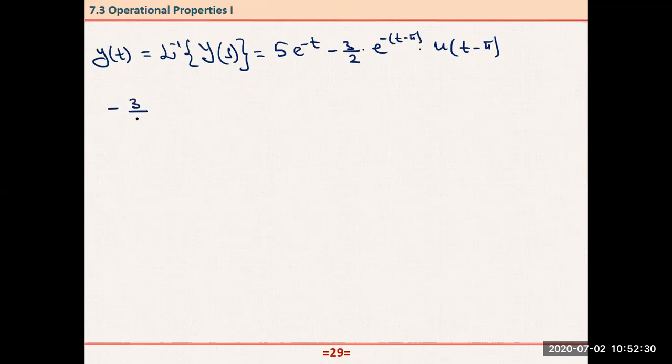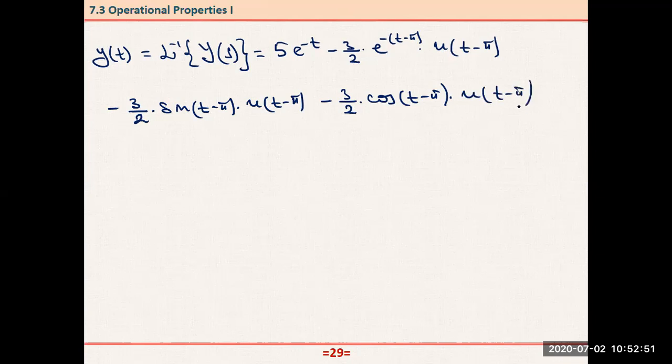Minus 3 over 2 times sine of t minus pi times u of t minus pi, right? And the last one is minus 3 over 2 times cosine of t minus pi, and here we have u of t minus pi. Okay, now we can simplify this maybe.